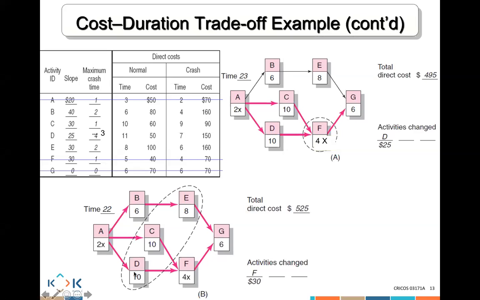So you have to crash one C and one D. But if you look here at F, F is combined. So if I crash F, it's $30. That $30 is cheaper than C and D, which is 30 and 25, which is 55.